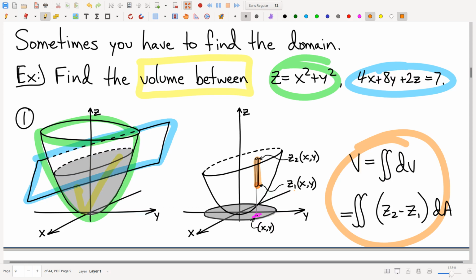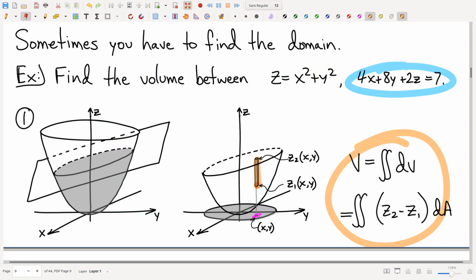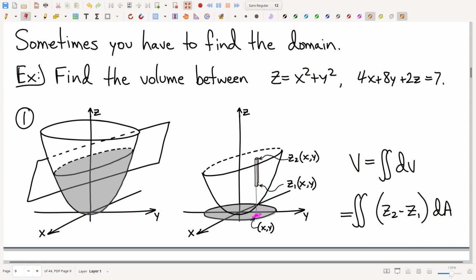Again, what's my domain? I have a kind of an approximate picture of it. It's the shadow, if you will, of this solid, but what is that, and how do I get my hands on it? You got to be careful with this. Some students will do the following.